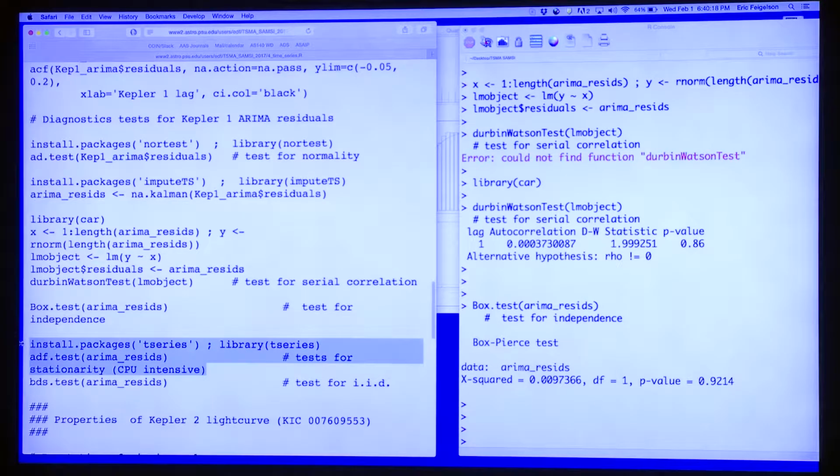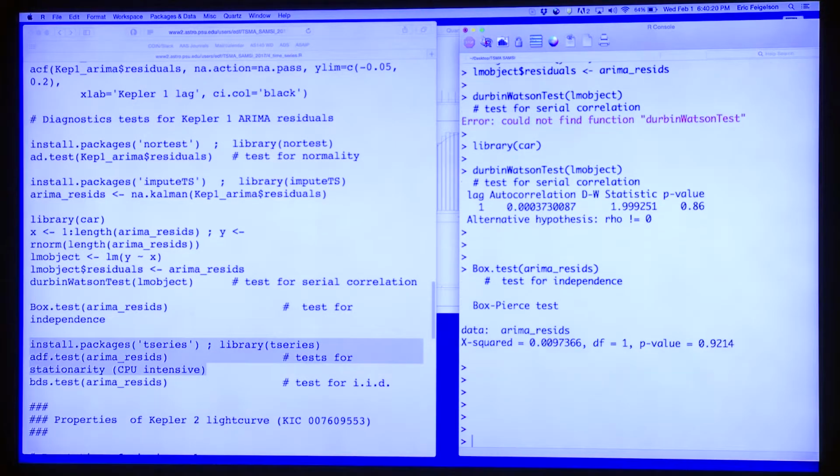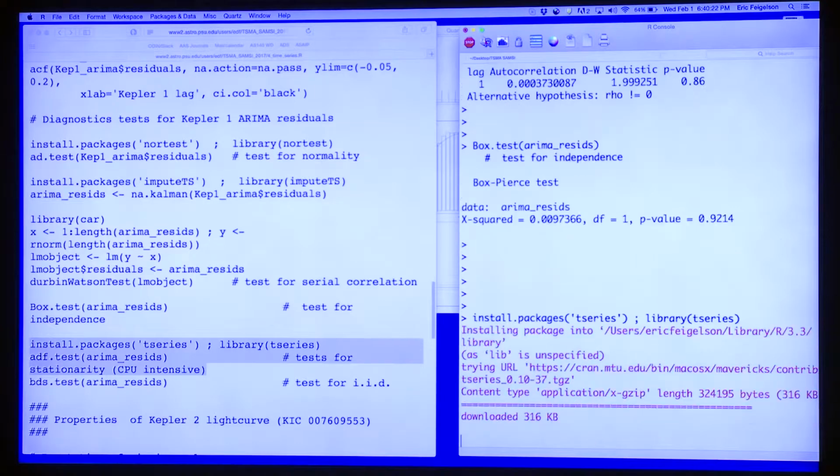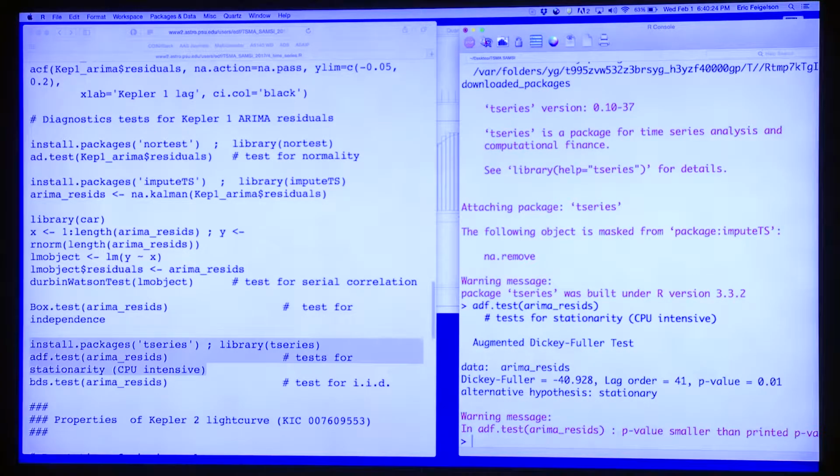This is in another econometrics package called tseries, for time series. And I just ran the augmented Dickey-Fuller test, which is completely unknown to astronomers, but is very well known to econometricians. This is a test for stationarity. And the answer is 1%. The residuals are just slightly non-stationary, but it's pretty close to being stationary.